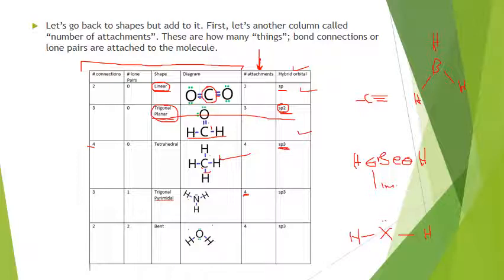So if we look at ammonia, it has 1, 2, 3, 4 attachments, where 1 attachment's a lone pair. Notice its shape looks a lot like the tetrahedral. The hybrid is sp3.